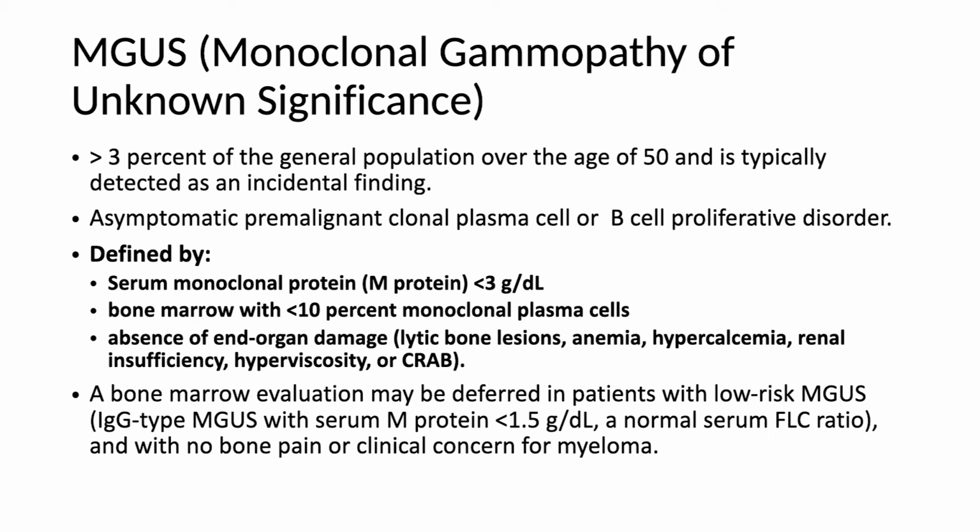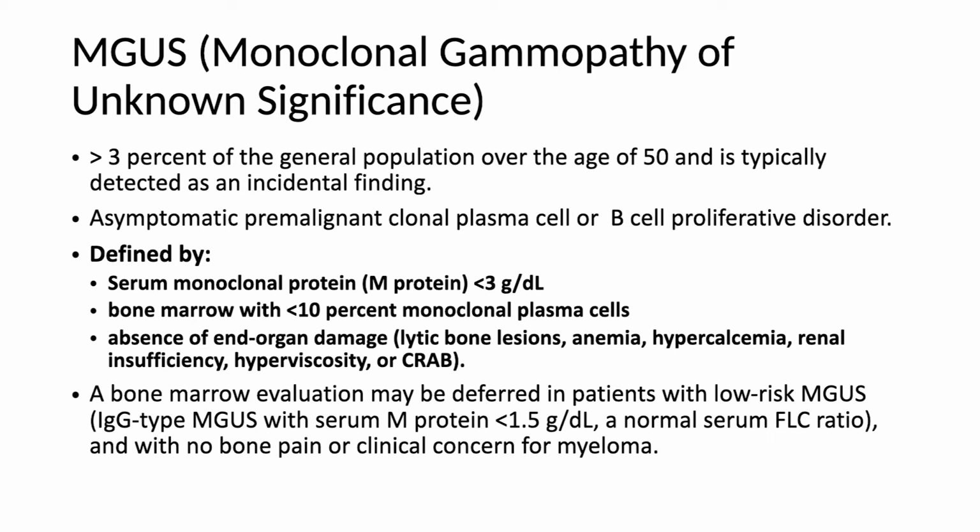It's more common in men. It's more common in African Americans. And it's usually an incidental finding. It's when physicians are checking for other diseases like workup for anemia, or they find a lytic lesion, or they see chronic kidney disease, they want to work it up, they come across this diagnosis.